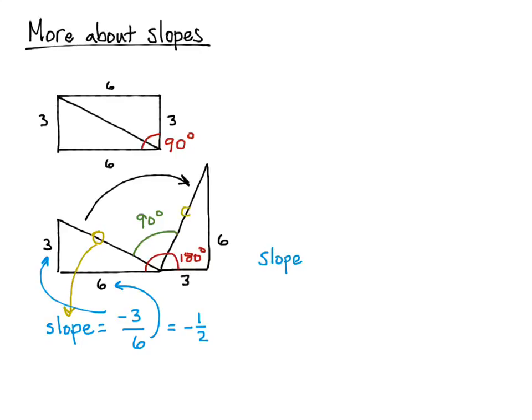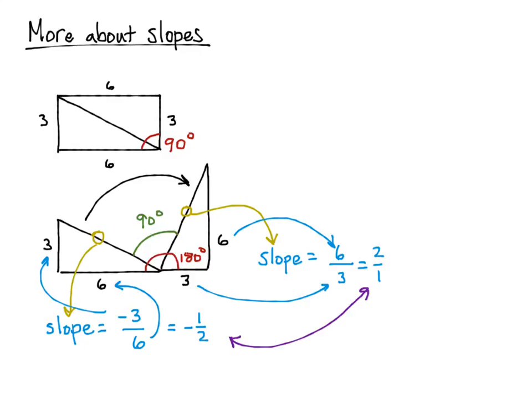Now if I take the other diagonal line and calculate its slope, I go up 6 and over 3. So my rise is 6, my run is 3. Simplifying that, I get 2 over 1. Of course I get 2, and I would represent this in an equation just with 2, but just to make a point, I'm going to keep that as 2 over 1. Notice the relationship between that -1/2 and the 2 over 1.